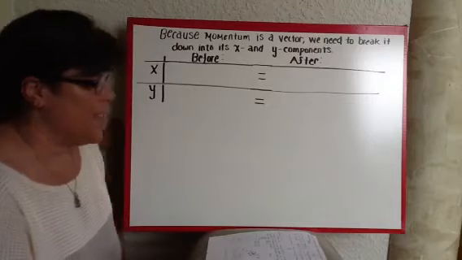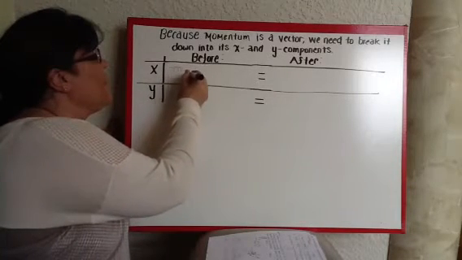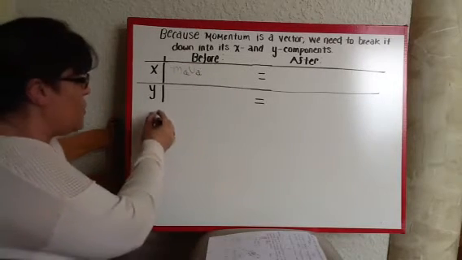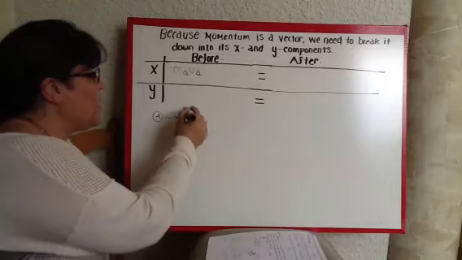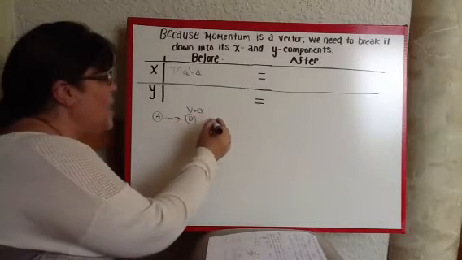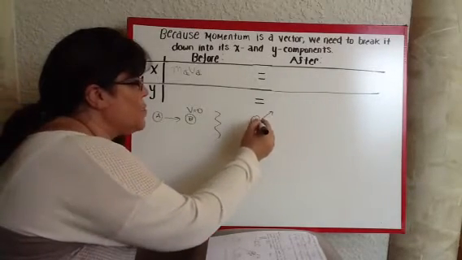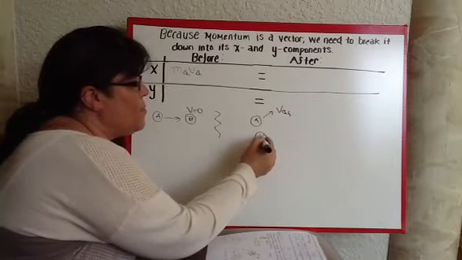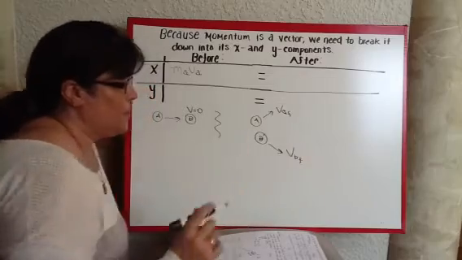So we're going to take that same situation and say that we have the mass of A times the velocity of A. That's the initial ball. If we remember, ball A was coming this way. Ball B had an initial velocity of 0. And then after the collision, we have A heading this way at VA final, and B heading this way at VB final.